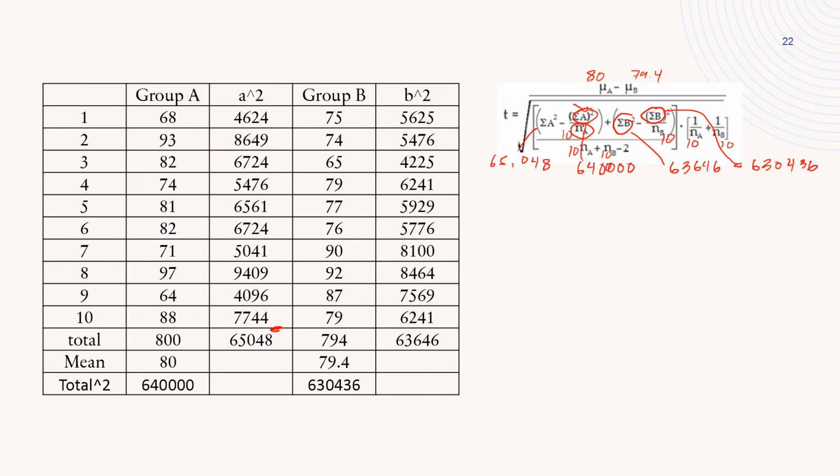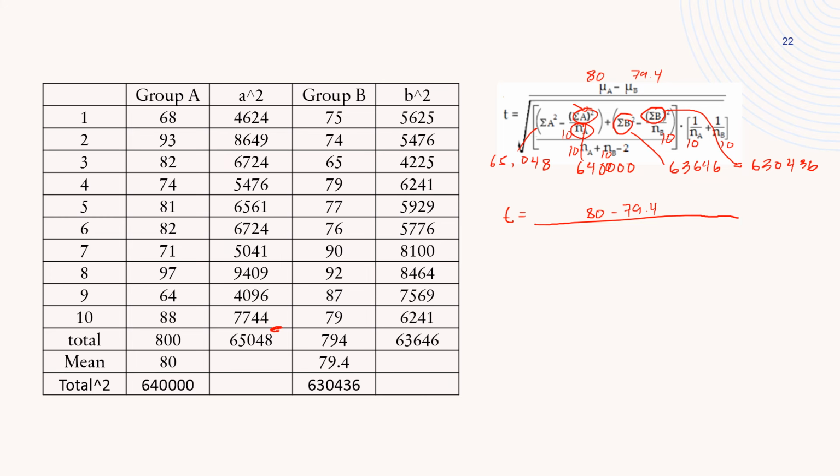Now that we have all the values we need, all we have to do is substitute our variables with our values. Our numerator would come out to 80 minus 79.4.